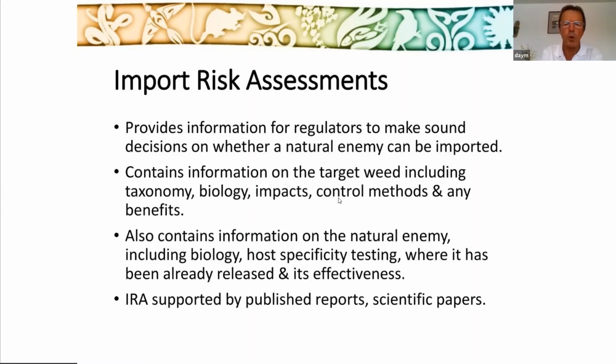So we need to know what the benefits are and if there's going to be any conflicts of interest. And so documenting all of this into the import risk assessment allows the regulator to make an informed decision. Is pursuing biological control the best and most effective way to proceed?